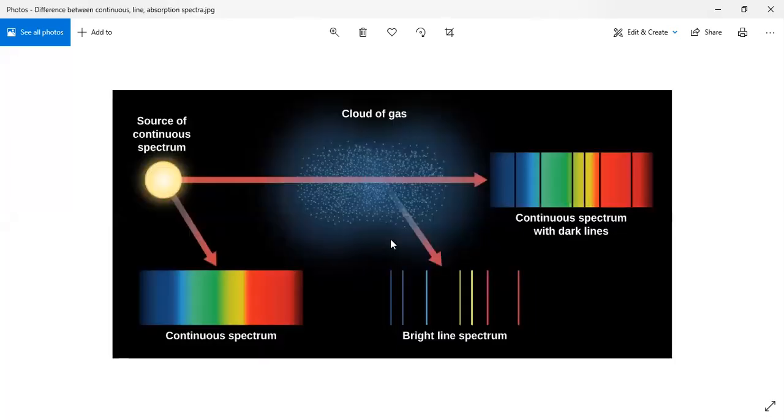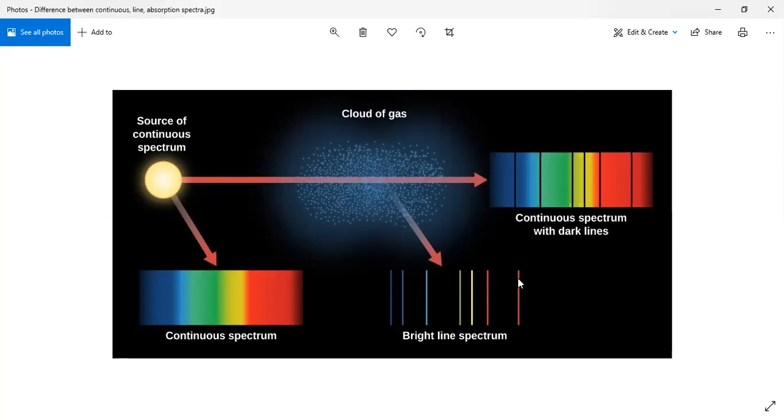Now, when does that happen? Well, it depends on the different scenarios, and you need to know that. If you imagine that you have something that gives out a continuous spectrum, then it will have all the colors without missing any. And if this spectrum then passes through something that absorbs only certain parts, and that's to do with your Bohr model of the atom, where only certain energies are absorbed, right?